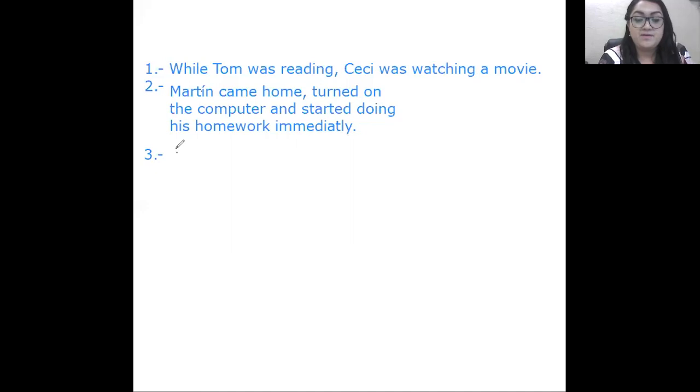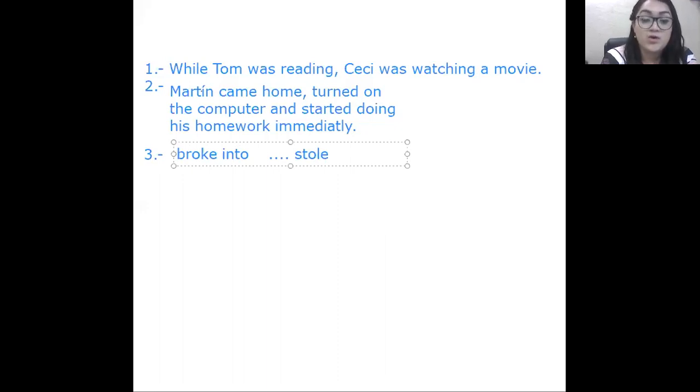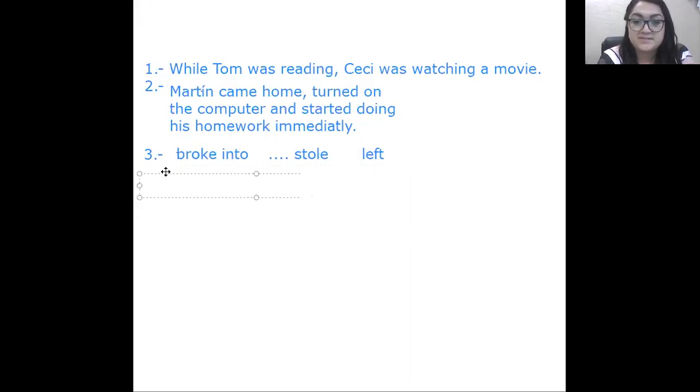The thief broke into the house, entró a la casa, stole my grandma's jewels, se robó la joyería, and left, y dejó la casa, okay, without a trace. Broke, stole, and left. Okay, those are the verbs we used in simple past. The 3 verbs in simple past.